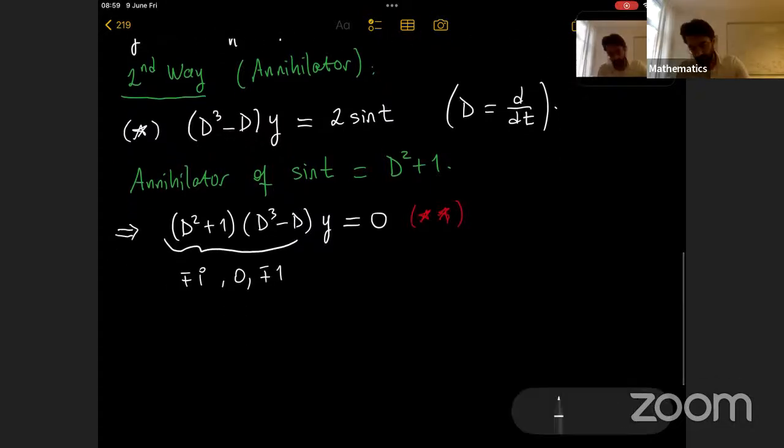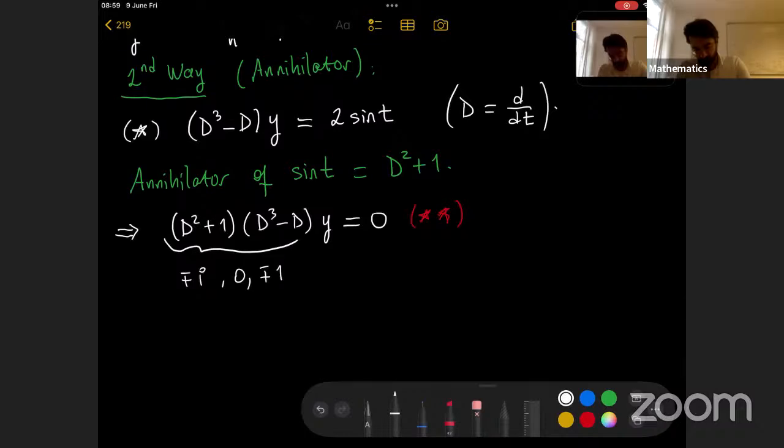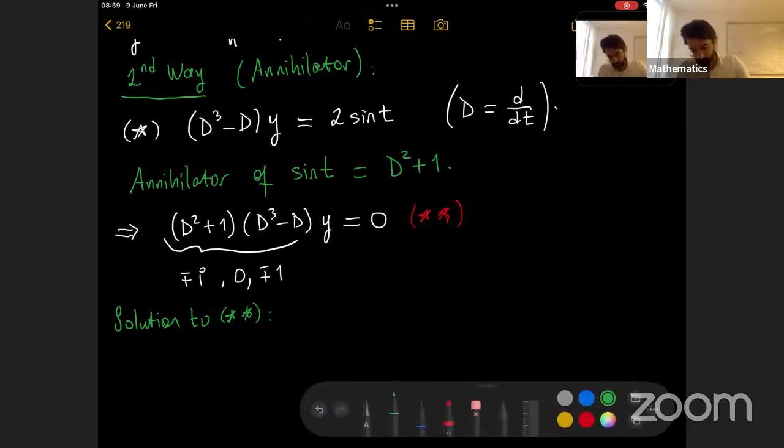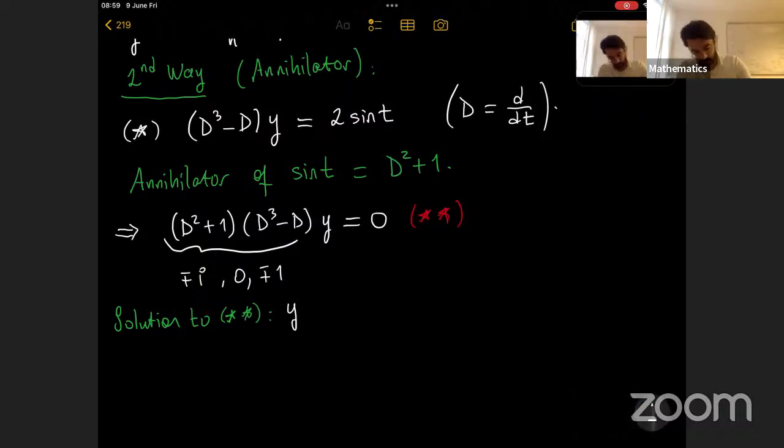So the solution for double star, y, is equal to, well, we have a constant here, 0. Let's work with 0 and plus minus 1 first.